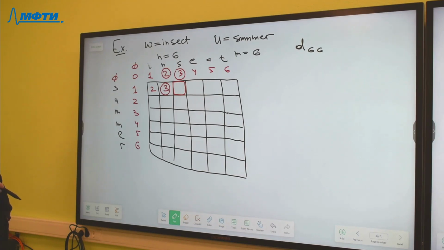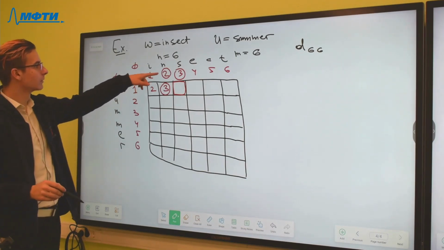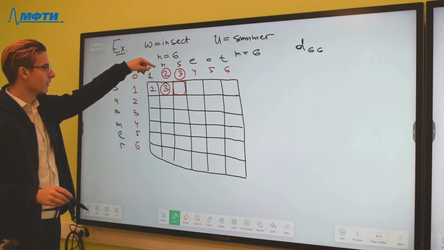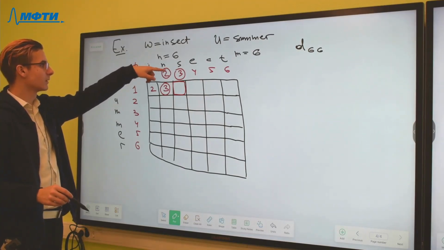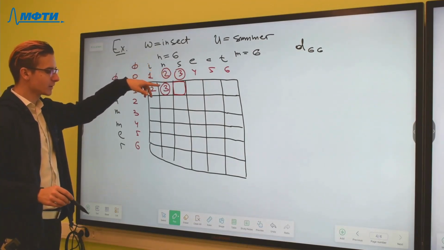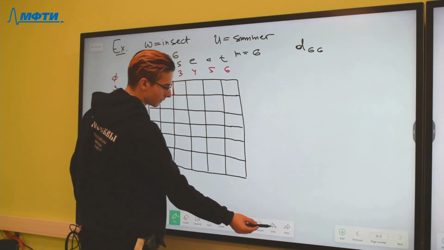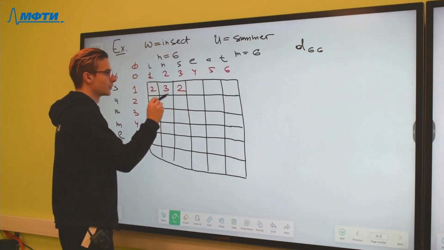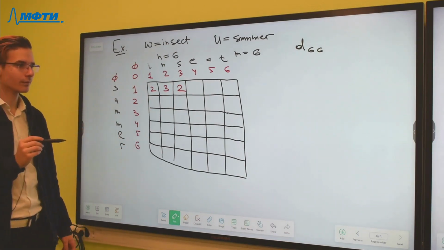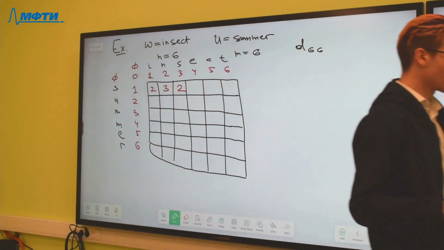And we see that it's less than these numbers, so we can write here 2 because of this case.